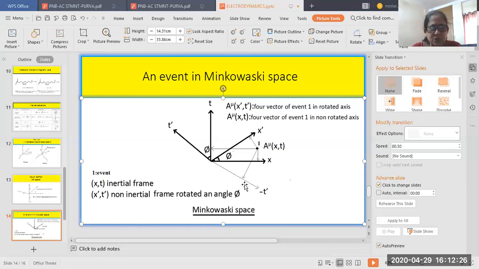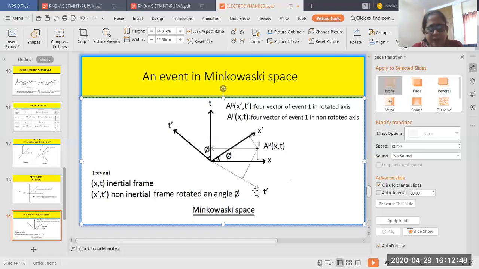Now see, unknowingly we have introduced a concept. What is the concept? I cannot reach t dash from point 1, isn't it? To reach point 1, what should I do? I should extend this axis backwards, extrapolate in the negative direction.